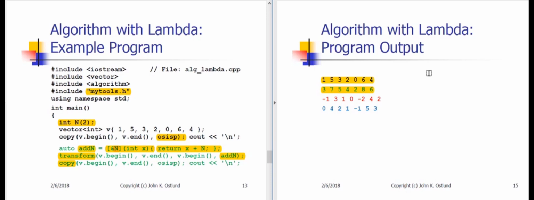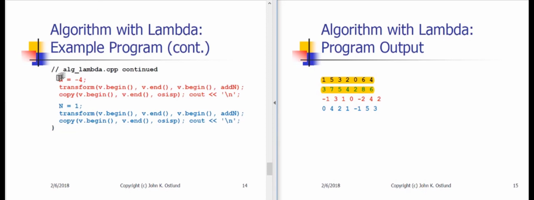Since I defined my lambda addN, capturing capital N by reference, when I now continue on to slide 14, and I change capital N to -4, because capital N was captured by reference in the addN lambda, when I now do the same transform statement with addN as the function being applied, this time around, each value in v is going to have 4 subtracted from it, instead of 2 added to it as we had in the previous transform.